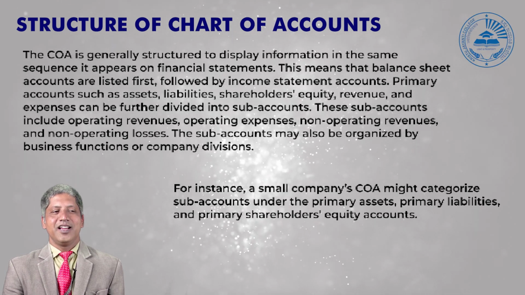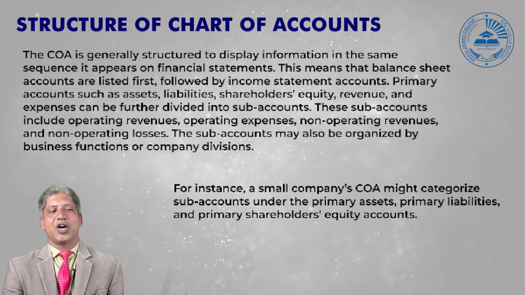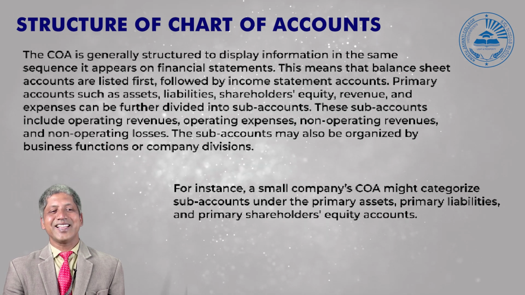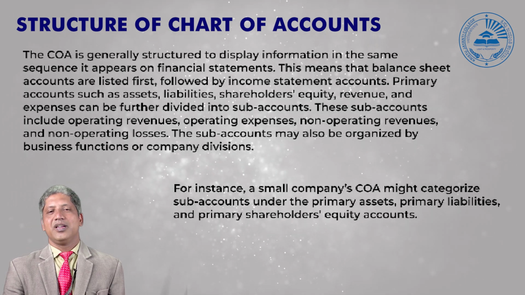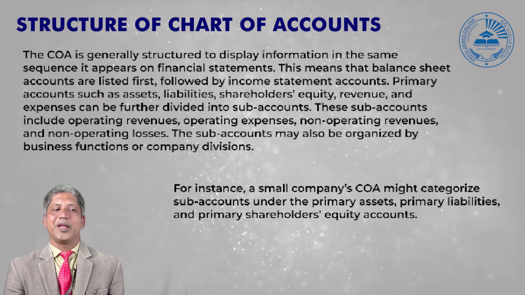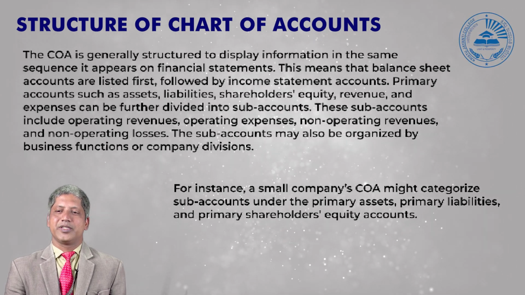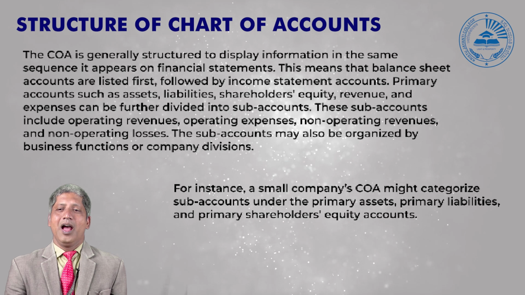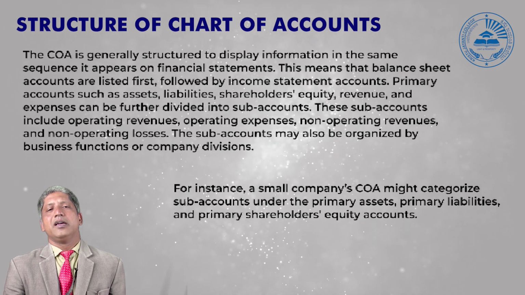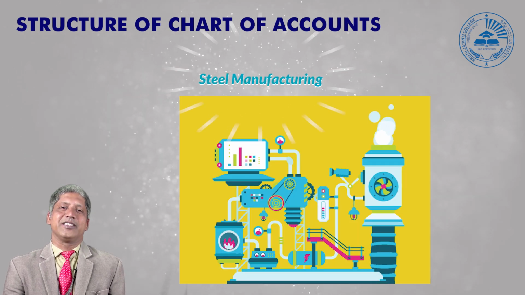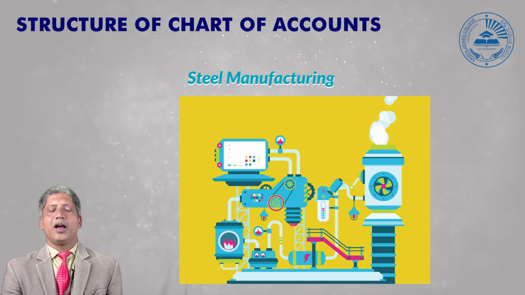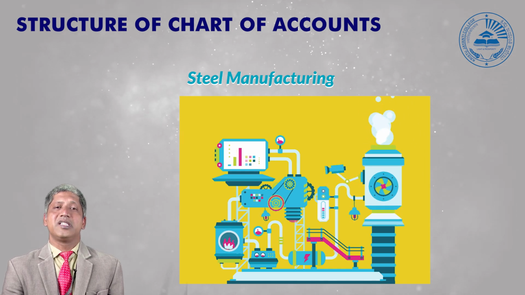For instance, a small company's chart of accounts might categorize its sub accounts under the primary assets, primary liabilities, and primary shareholders' equity accounts. For an example, I am running a metal manufacturing company. I am the producer of steel.